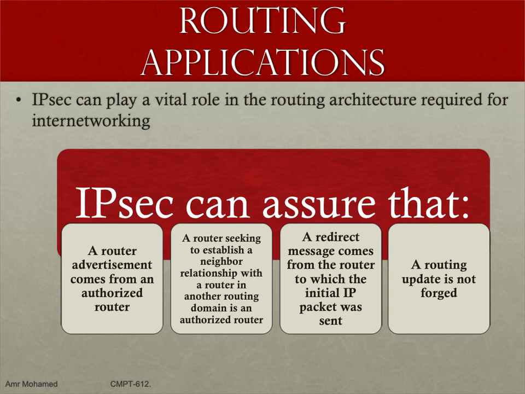Or route updates: route updates cannot be forged because we use MAC to achieve integrity and message authentication, authenticating each message to know where it's coming from. So in a nutshell, all types of routing layer messages, whether they use IP or ICMP, are secured through IPsec.